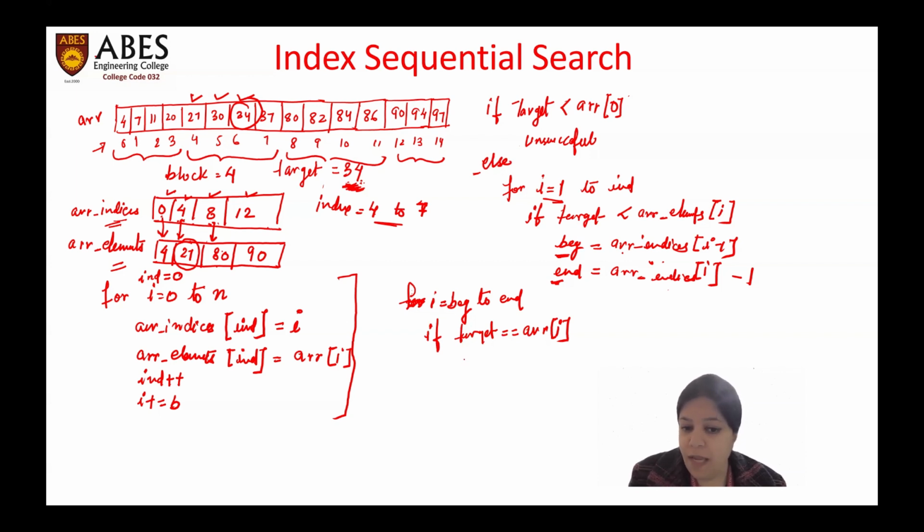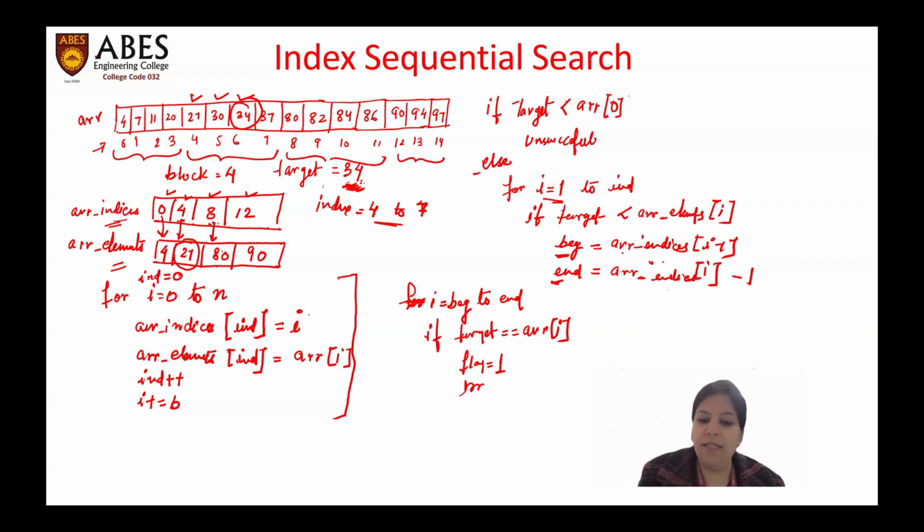And for this, we can change the value of a variable flag. We can take a variable flag and say that the value of flag can be modified to 1.